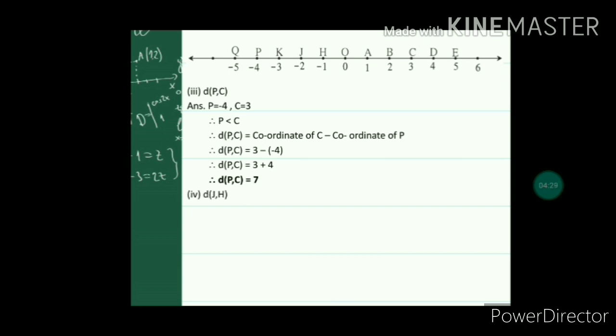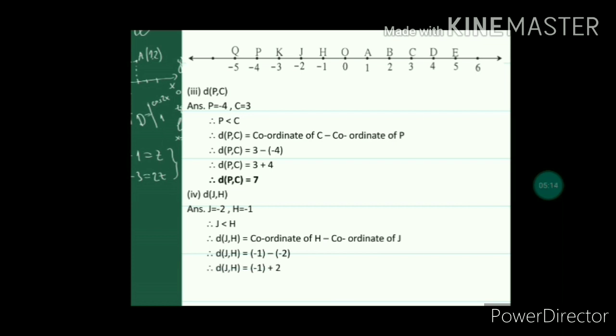Another example is distance of JH. Coordinate of J is minus 2. Coordinate of H is minus 1. Therefore, minus 2 less than minus 1 means J is less than H. Therefore, distance of JH is equal to coordinate of H minus coordinate of J, which is minus 1 minus in bracket minus 2.